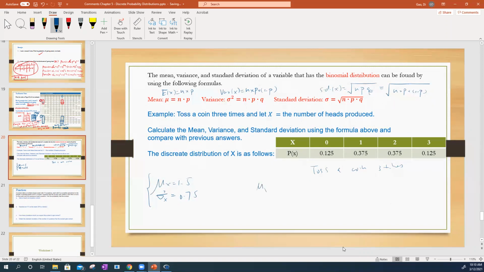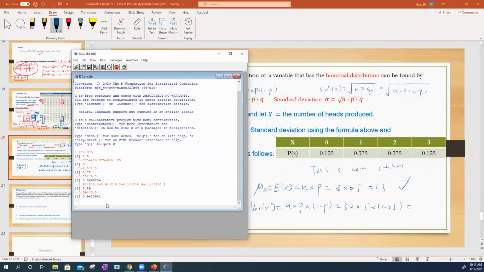The mean of x, the expected value of x, equals n times p. That is 3 times 0.5, 1.5. So verified. And the variance of x equals n times p times 1 minus p. So 3 times 0.5 times 1 minus 0.5. So that's 1.5 times 0.5.